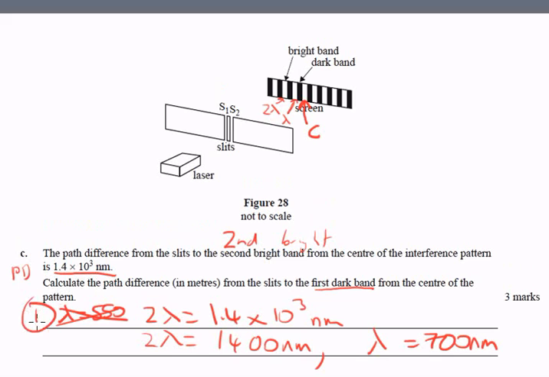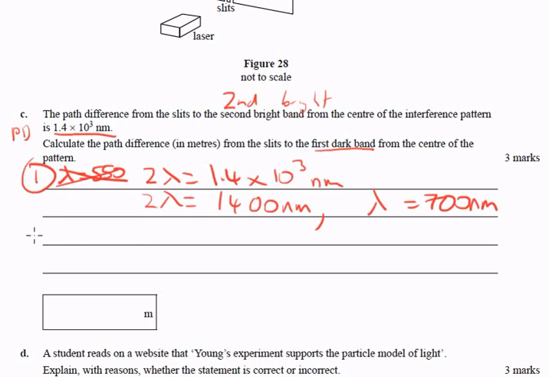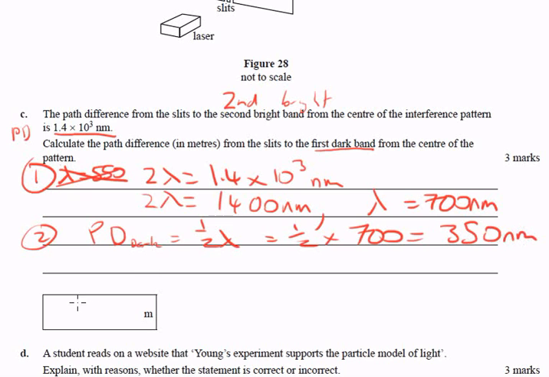And then the first dark band, this is my first working. If I look at the dark bands on the top, the centre and first dark band is going to be a half wavelength. So the path difference to the dark band equals a half lambda, and we now know what lambda is, 700, so that's 350 nanometers.